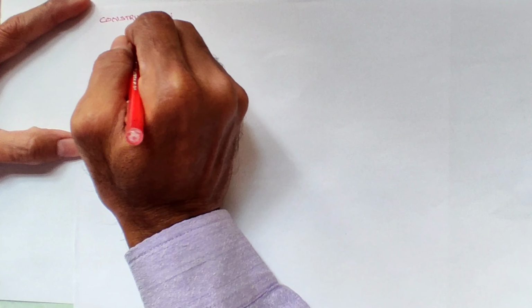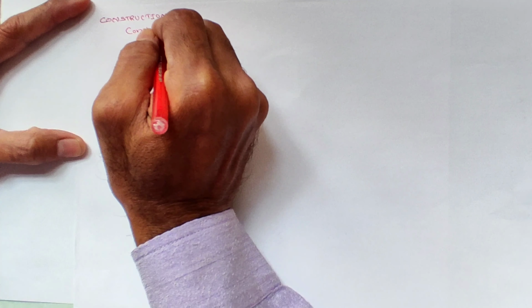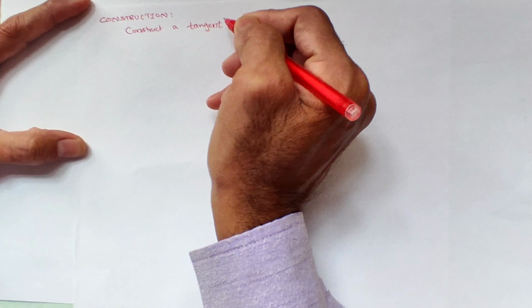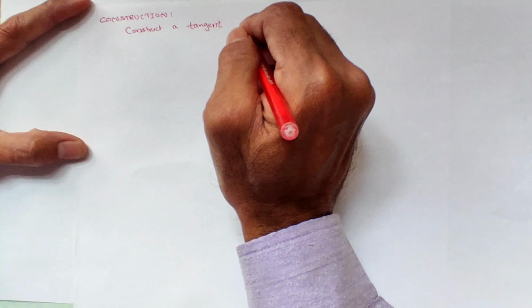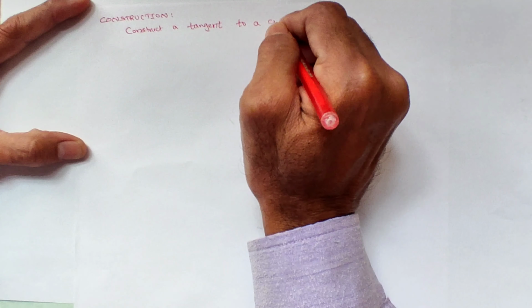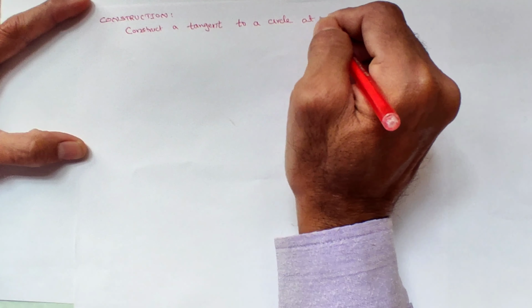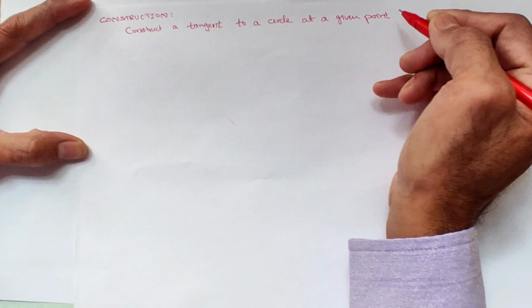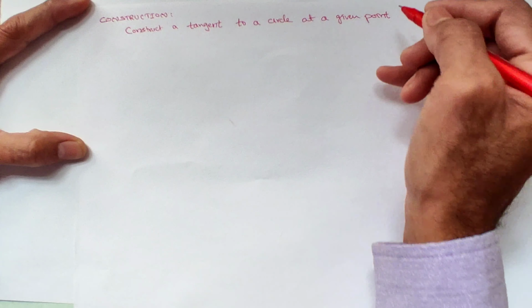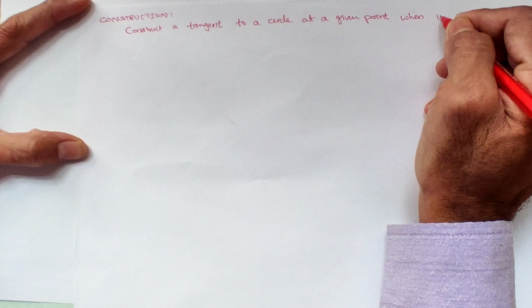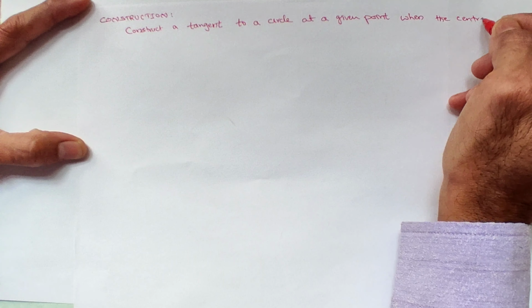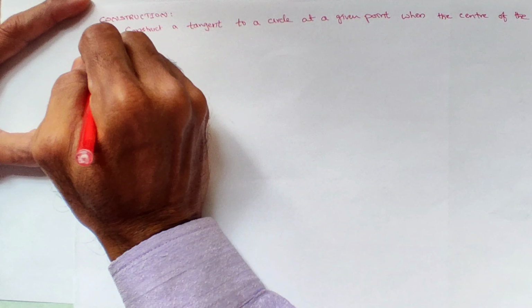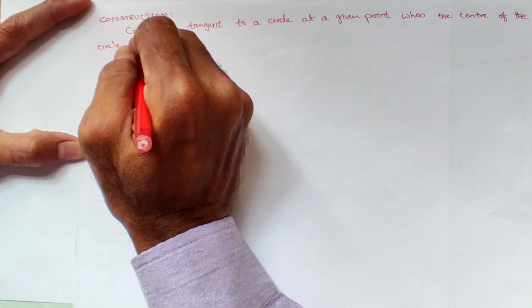Construct a tangent to a circle at a given point when the center of the circle is known.